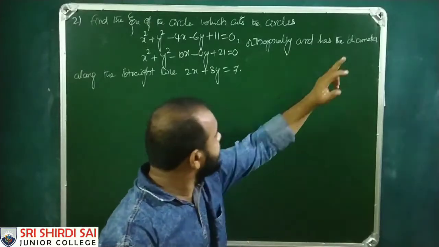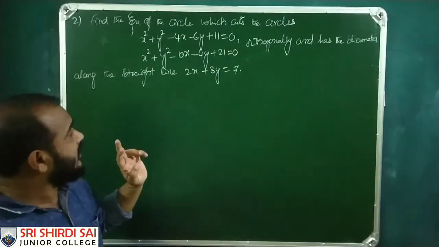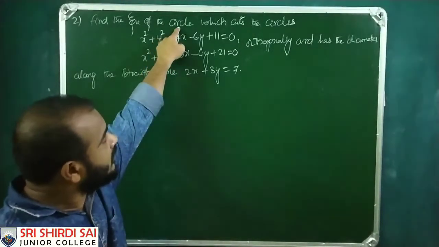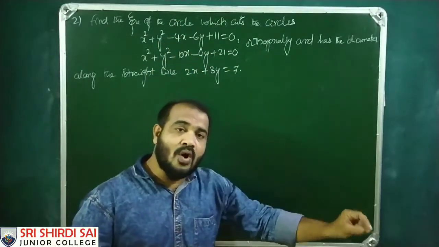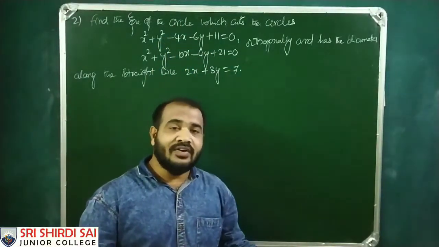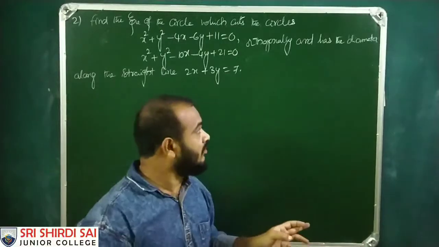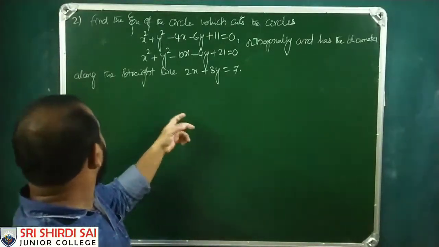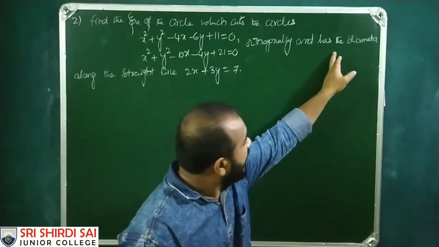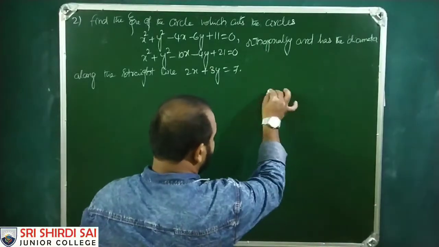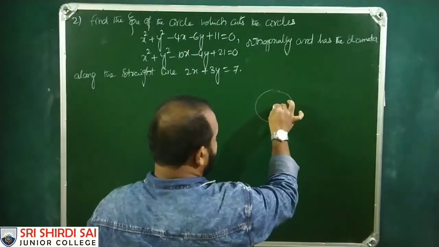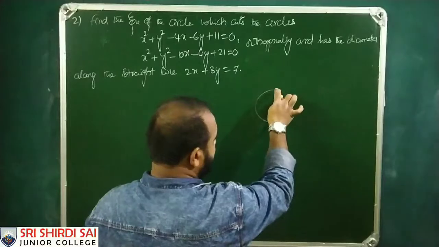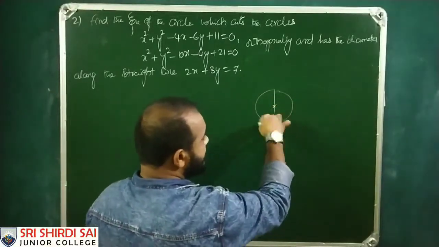And it has the diameter along the straight line. So the required circle is the general equation. What is the center of it? Minus g, minus f. Diameter means it is passing through the center.